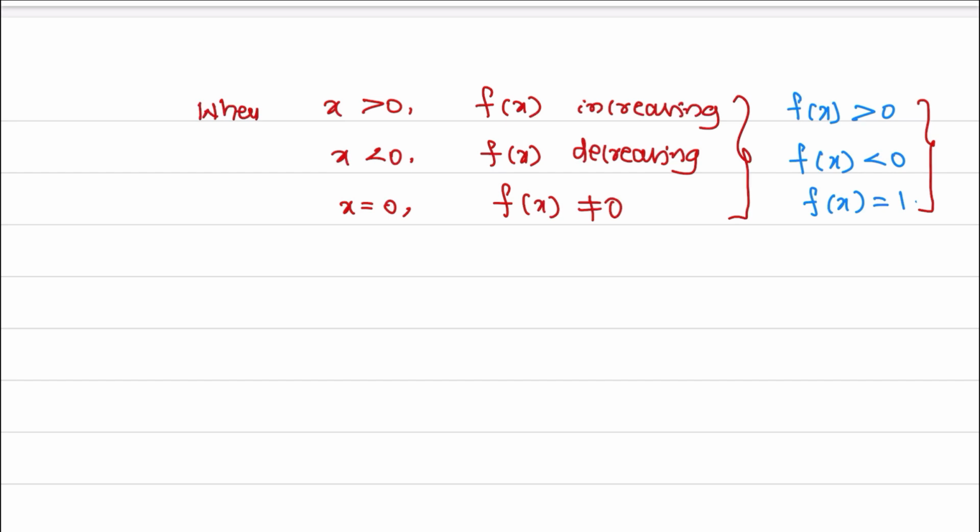For any value, whether x is greater than 0 or less than 0 or equal to 0, there is no real value which makes function f(x) equal to 0.